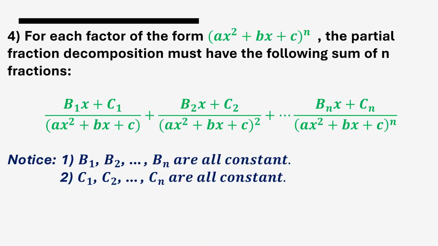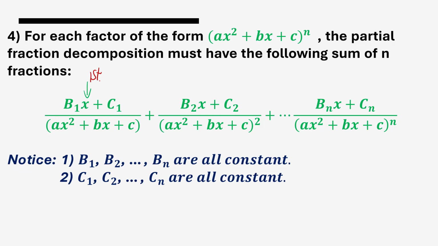And now for each quadratic term, like (ax squared plus bx plus c) to the n power, the partial fraction decomposition must have the following sum of n fractions. This is the first term: b1x plus c1 over ax squared plus bx plus c.